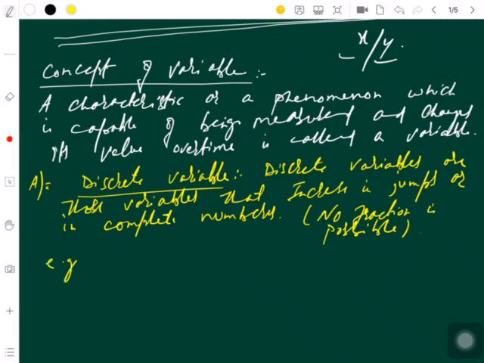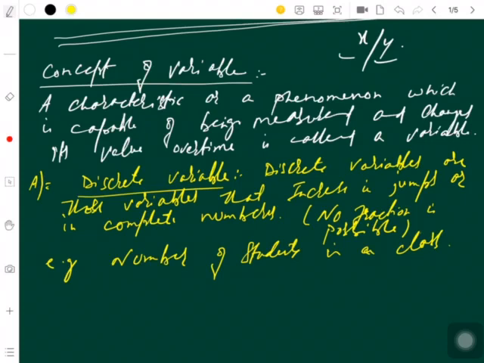For example, number of students in a class. Very good, this will serve. Number of students in a class. Can you say that class 11th C2 has 3.5 students, 35.4 students, 10.9 students?